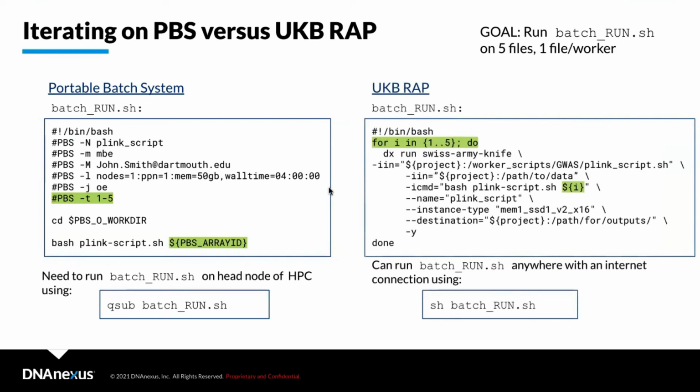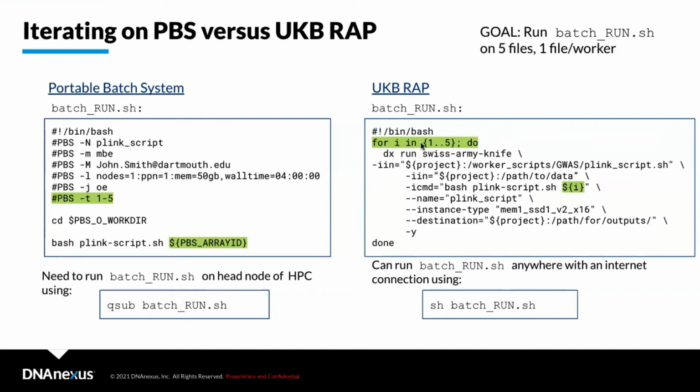With UKB RAP, instead of using that job array ID, what we actually use is a for loop here. Within our for loop, we're going to put our Swiss Army knife command, and we have that placeholder variable, which we'll use to run our files.